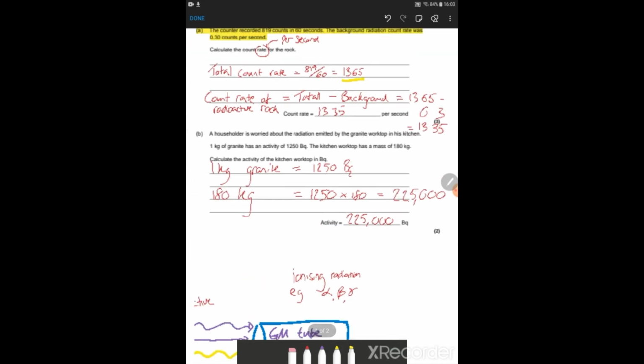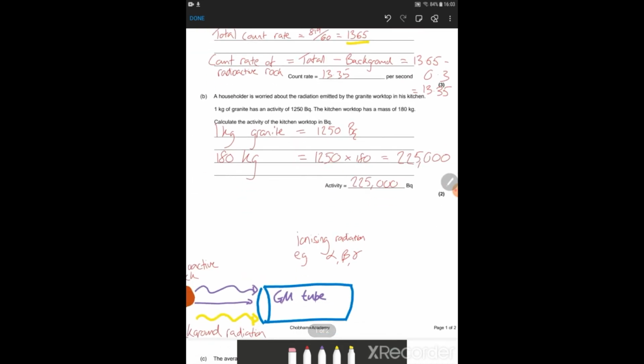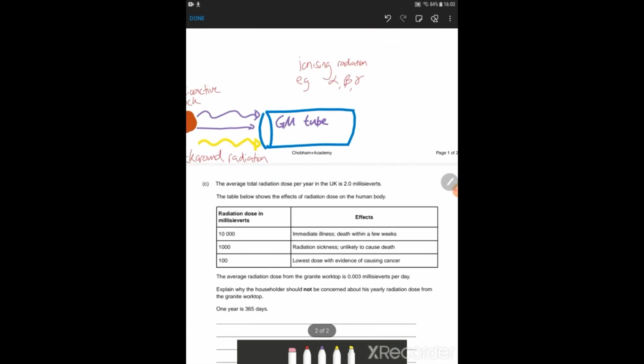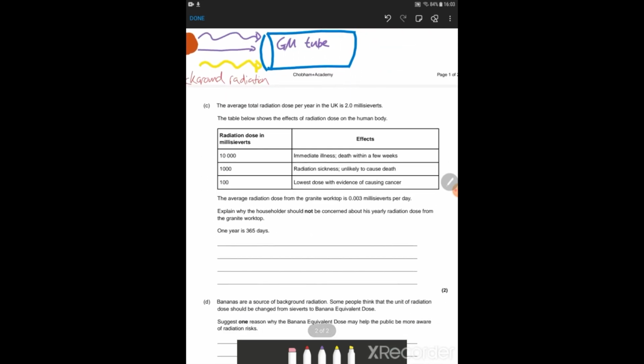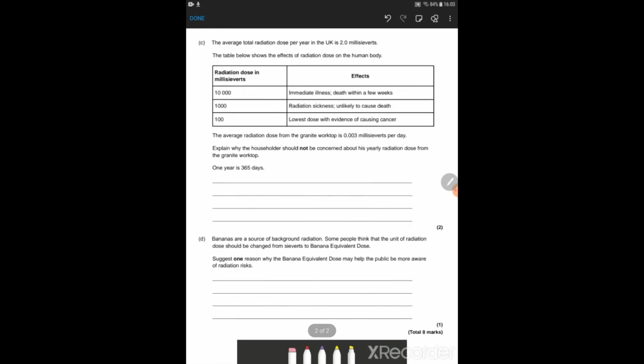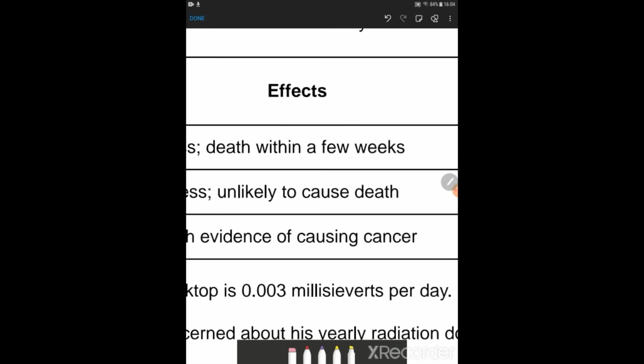Now, let's move on to part C. So part C, the average total radiation dose per year in the UK is 2 millisieverts. Okay, and sievert is the unit we use to measure radiation dose. Maybe I'll make a little note of that up here.